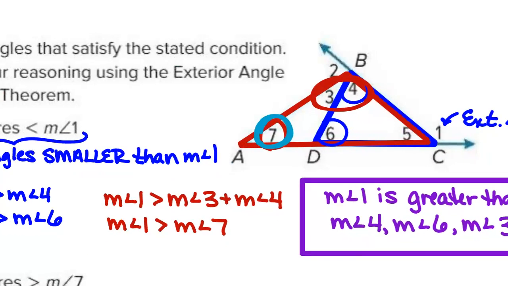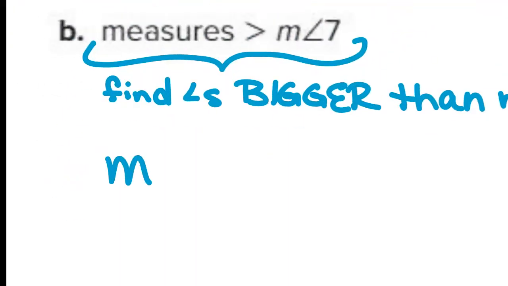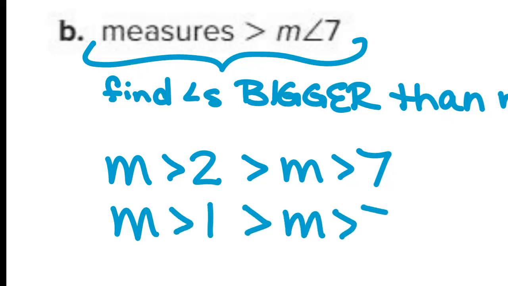I need exterior angles that this is a remote interior angle for. So look at that big red triangle. What are some exterior angles on the big red triangle? 2 and 1, right? Those are outside the big red triangle. So the measure of angle 2 is greater than the measure of angle 7. Measure of angle 1 is bigger than the measure of angle 7.